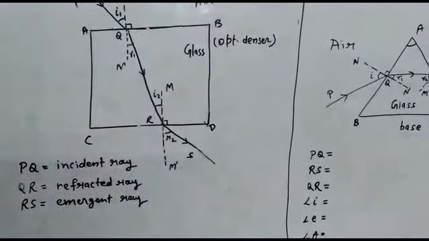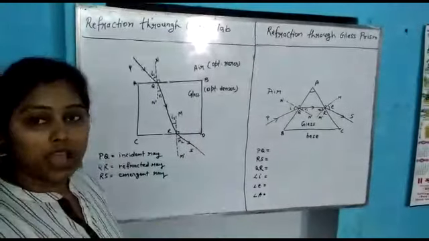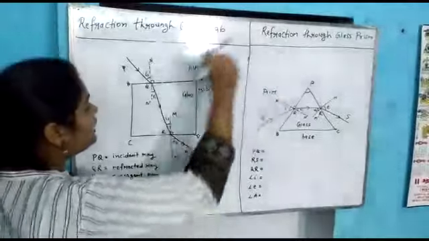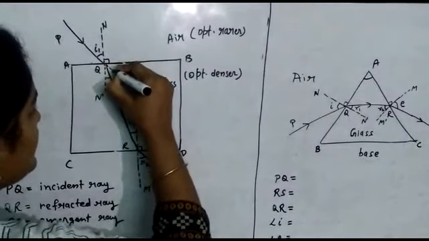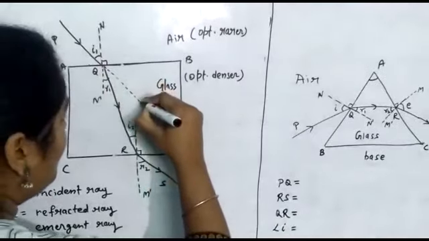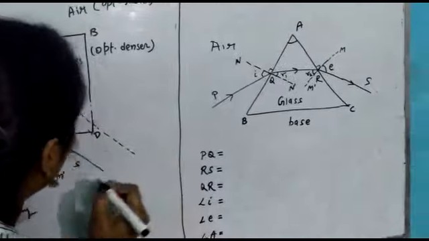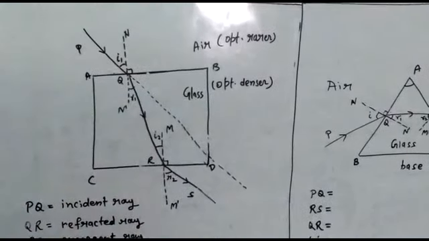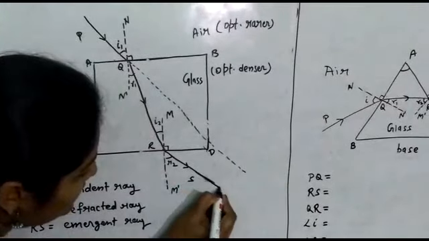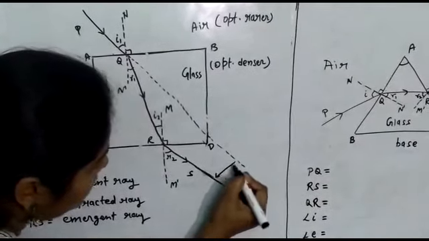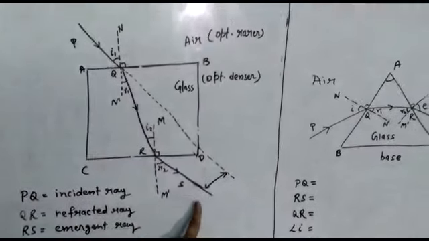Now just assume for a second that this glass slab is absent. Then the path of the incident ray PQ is like this, because we know that light travels in a straight path. Now you can see this shift. This is the shift between the incident ray and the emergent ray.